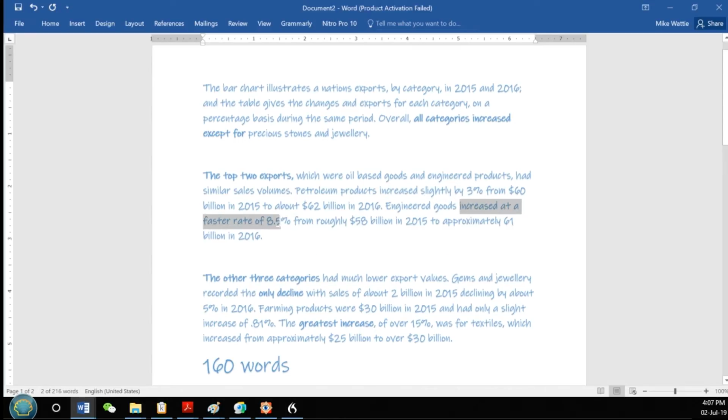So we're showing the examiner we can use language. We can stick adverbs with our verbs. We can use comparatives. We can paraphrase, shown up here. And the other thing we're showing is that we can use language of approximation. Roughly, approximately. This helps the task response as well. It helps vocabulary, it helps task response.